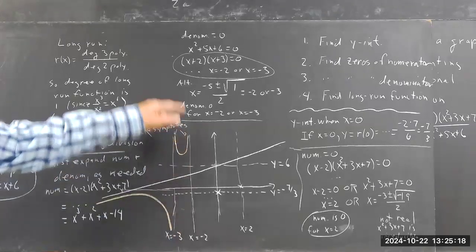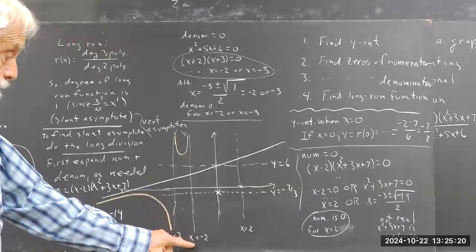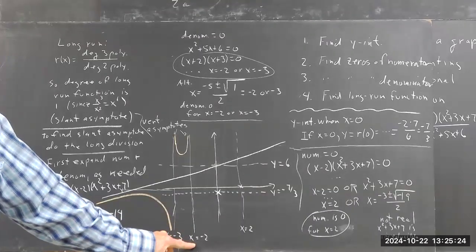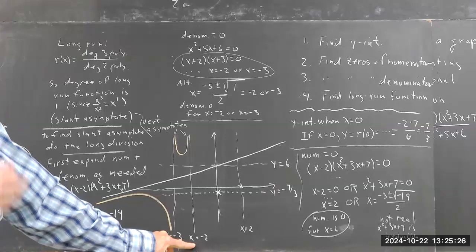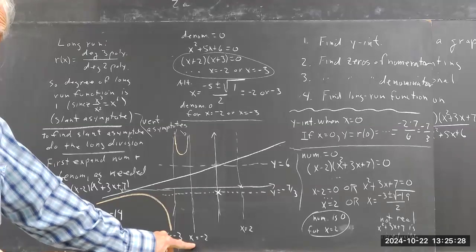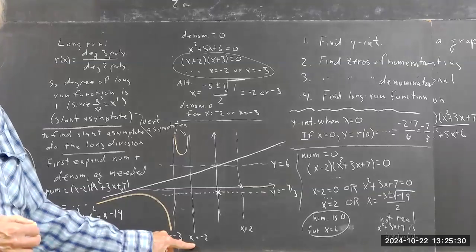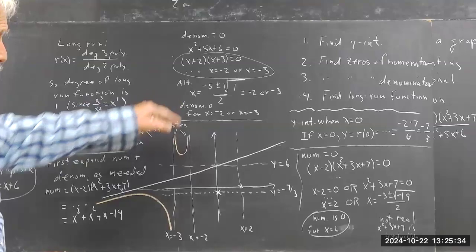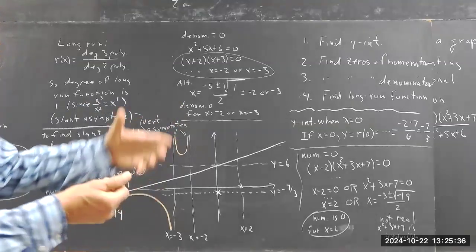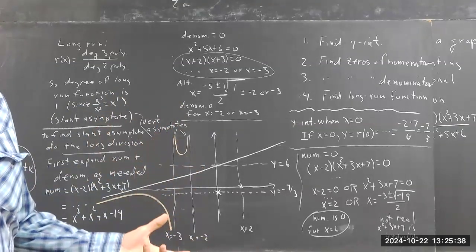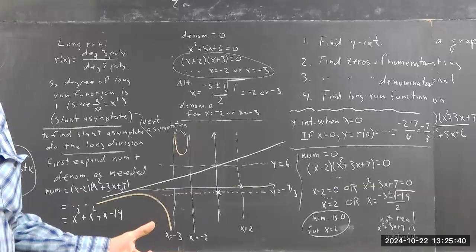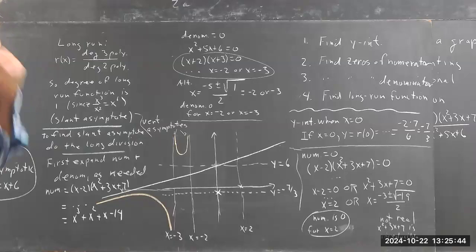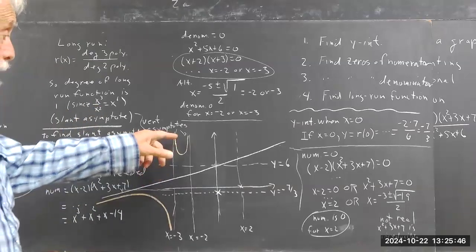Now, this is another function that comes from the x plus 2 in the denominator. 1 over x plus 2 is just 1 over x shifted over 2 units to the left. Now, it's got an asymptote up here, which means that all the other stuff in the function must be negative. Near x equals negative 2, the rest of the function is going to be negative.